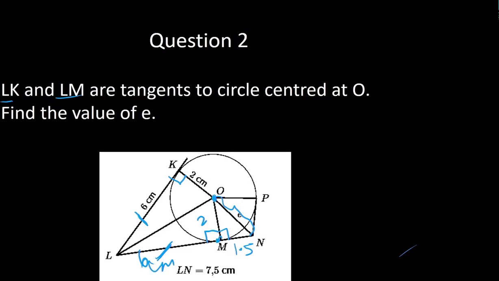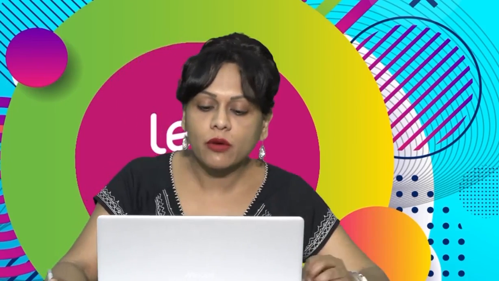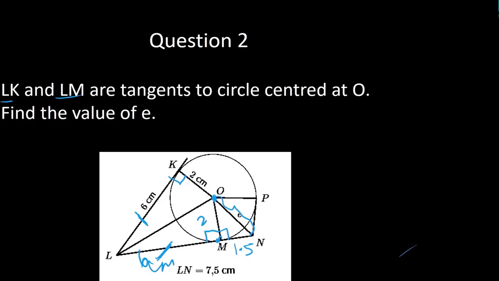Now, I'm just writing the final part of this out because obviously in this type of session we are pressed for time. You've got to go ahead and say all of the other stuff I've already mentioned on the diagram. So you need to tell the examiner why it is that MN is equal to 1.5. So you will say LM is equal to LK is equal to 6 centimeters, tangents from a common point.